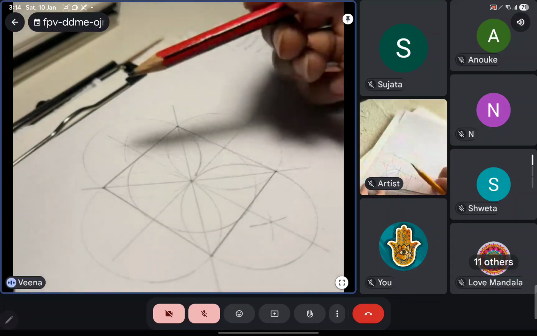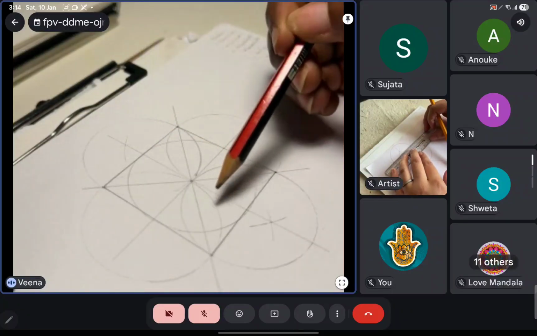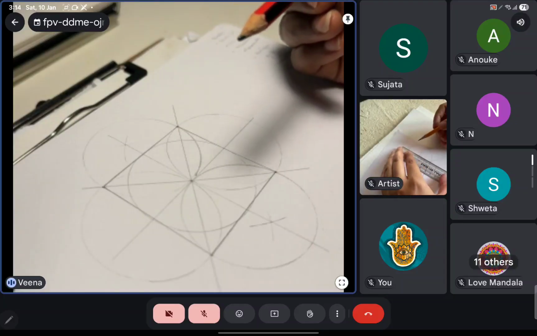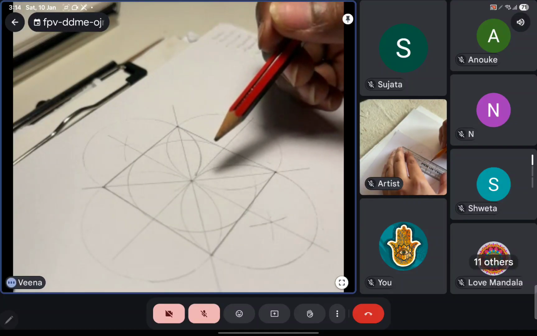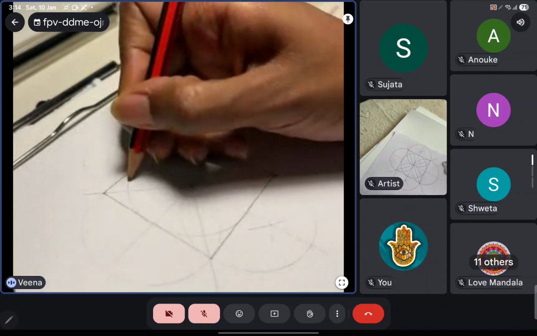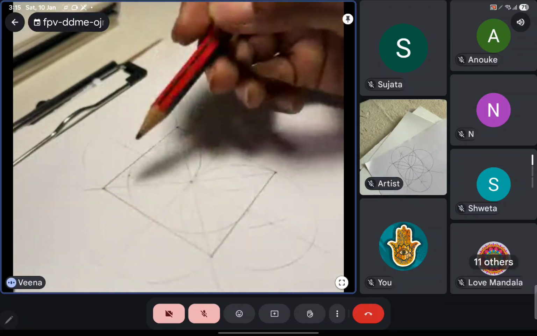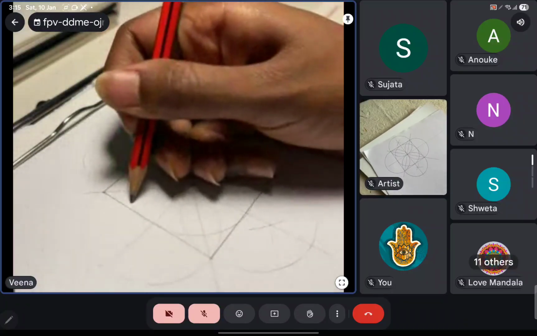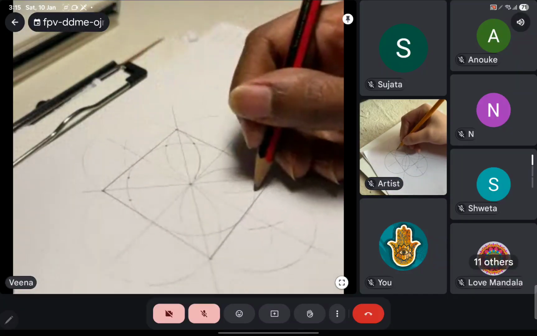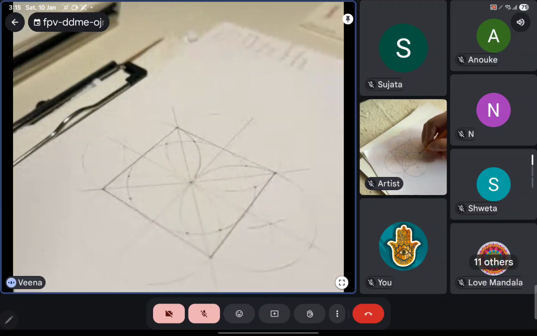So if you see, our square is divided into 1, 2, 3, 4, 5, 6, 7, 8 parts, right? Now, if you want, you can divide this into further parts by just marking these points, where the circles that we drew intersect with this circle. So you can make points like this.